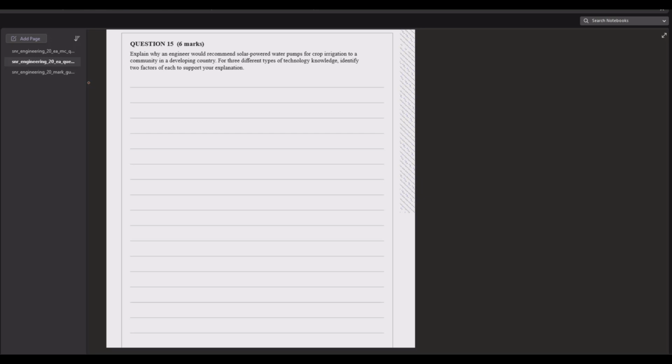So you're just going to mention 3 different types of technologies, or fields.